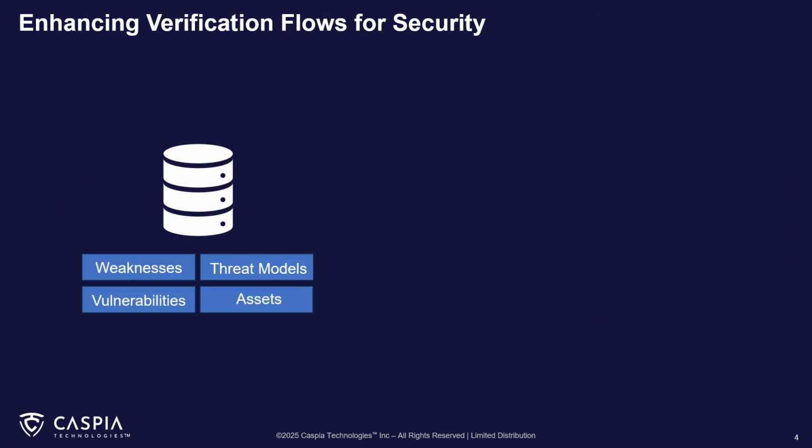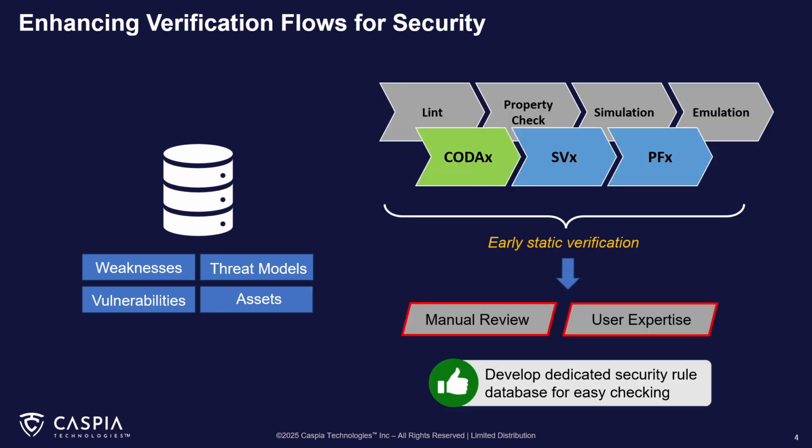Organizations may already have internal databases of weaknesses, vulnerabilities, and threat models for security verification, but this is not exhaustive. It's also not easily deployable to check across diverse and evolving designs at scale. This requires early and easy checking where engineers can identify insecure features through quick but powerful techniques.